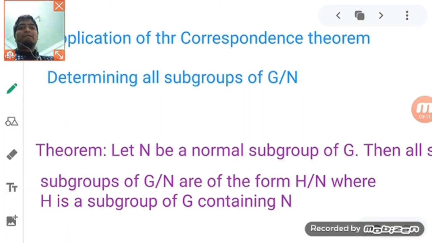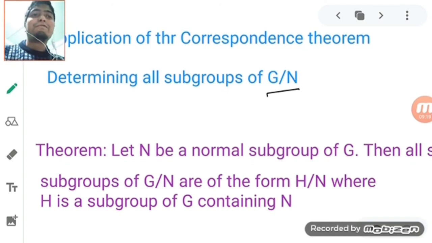So what have we learned? We have learned that G by N is a quotient group. We can easily determine subgroups of G, but if we have to determine subgroups of G by N, we have no other way. Of course, we can calculate it in the direct way, but that will be too difficult.